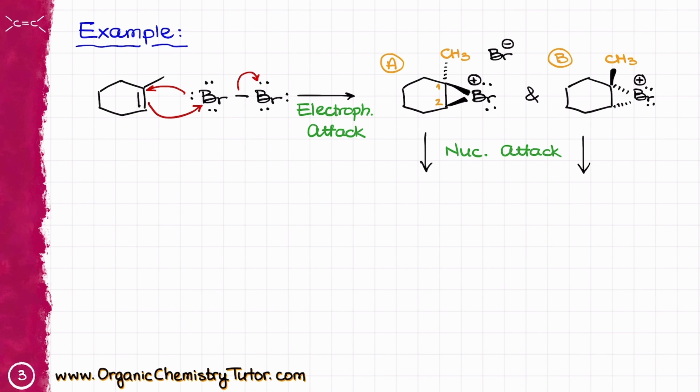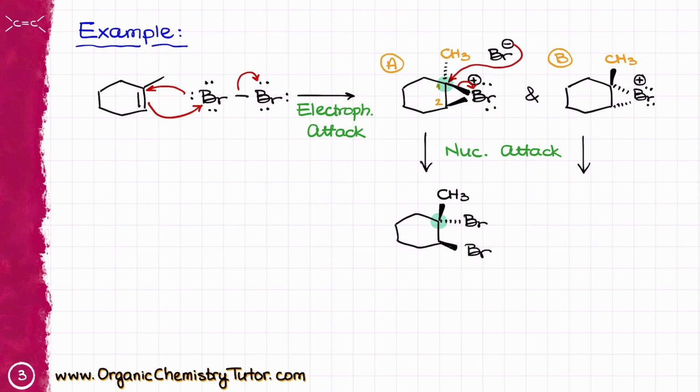So Br- comes in, attacks right over here, the electrons go back onto the bromine, and that is going to give me the final product that now is going to look like this. The important thing to notice is that carbon number 1, where my attack has happened, has undergone stereochemical inversion.